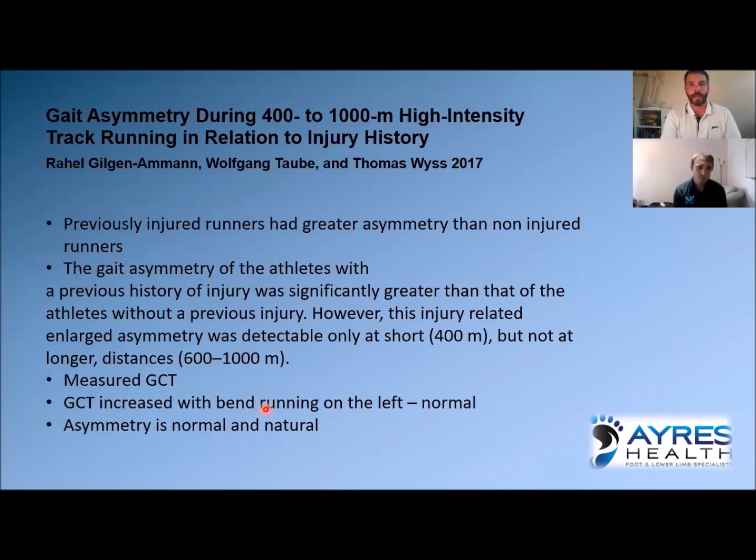The main thing with this paper, I put it in to show that the asymmetry is normal, whether somebody has a limb length difference or not, because this paper wasn't looking at limb length difference as such. It was just comparing asymmetry in injured and non-injured.